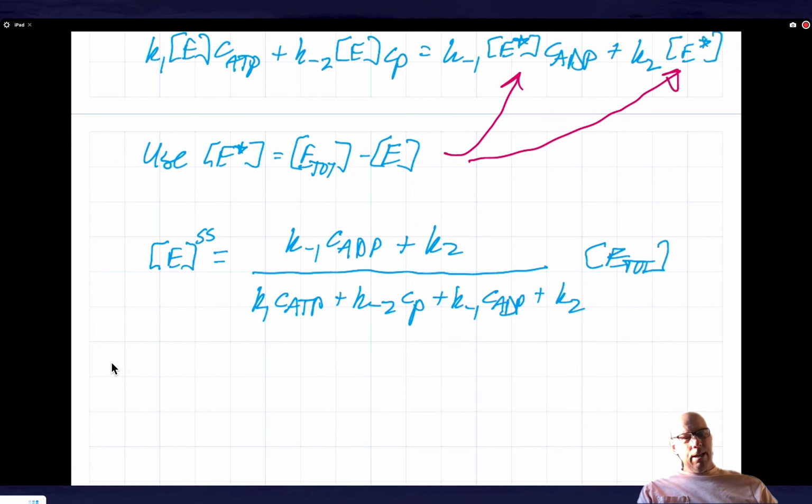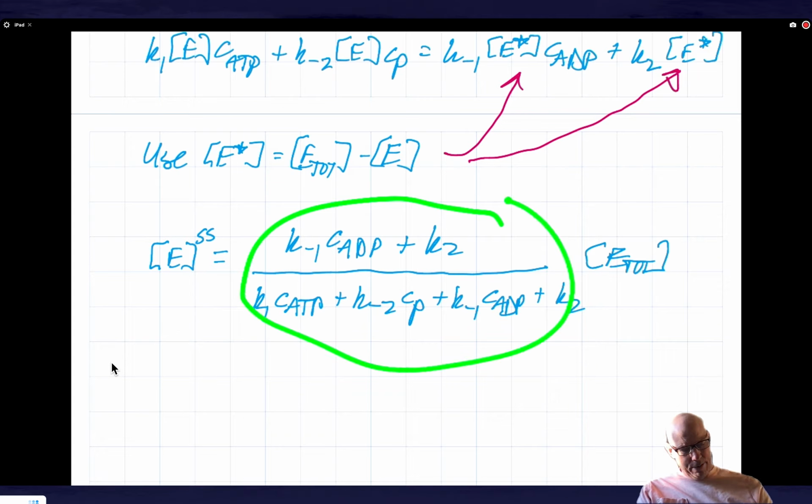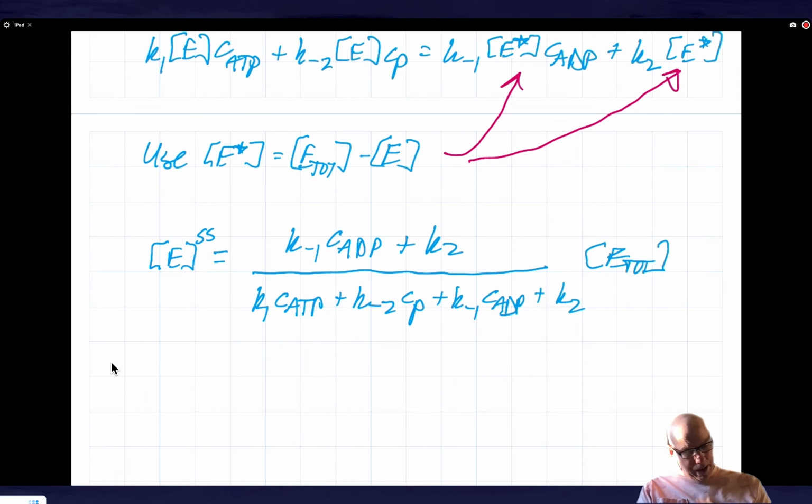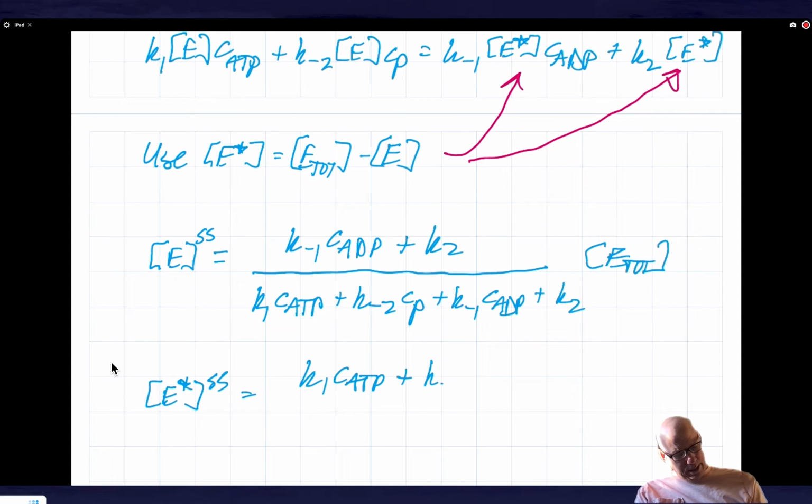Now I know that E steady state plus E star steady state has got to be equal to E tot, and hence that means when I add E to E star, the numerator and denominator of this big thing have got to cancel out, and so straight away I can see that this implies that E star steady state is going to be equal to K1 C ATP, and then plus K minus 2 CP, again over the same denominator.